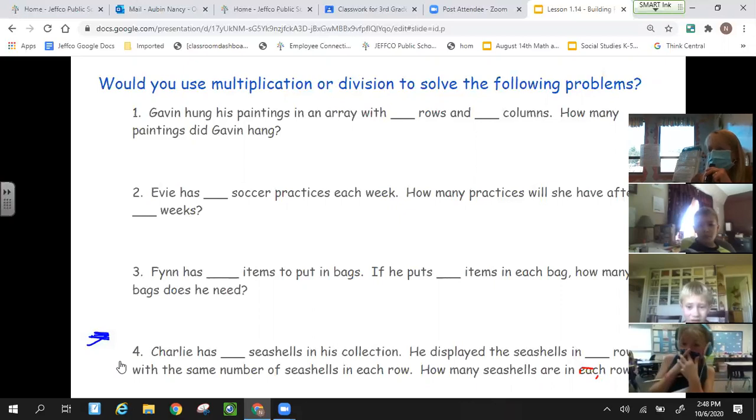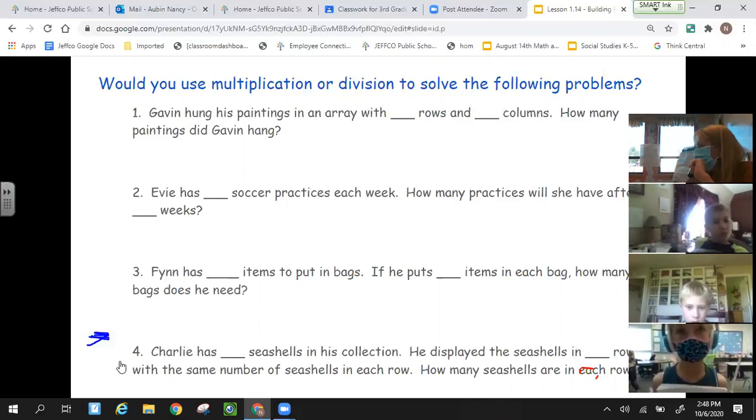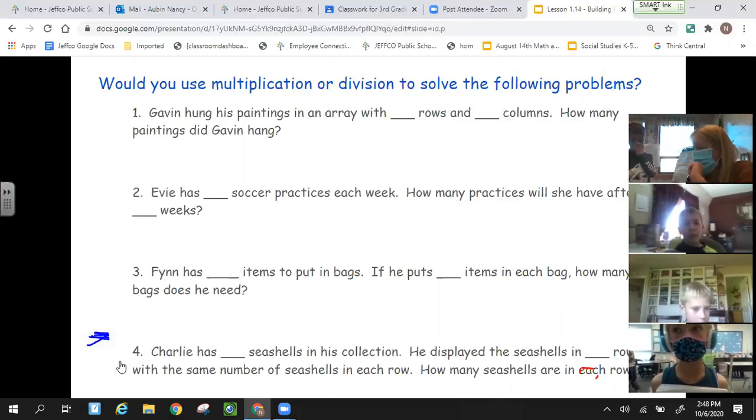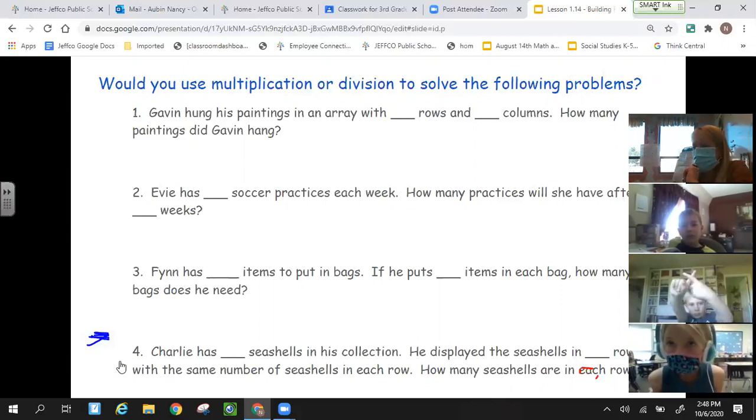Okay. I am going to then ask August. Did you say multiplication, right? Abby, you could just use your fingers. Abby, what do you think? Everybody can sit down now. You said multiplication?